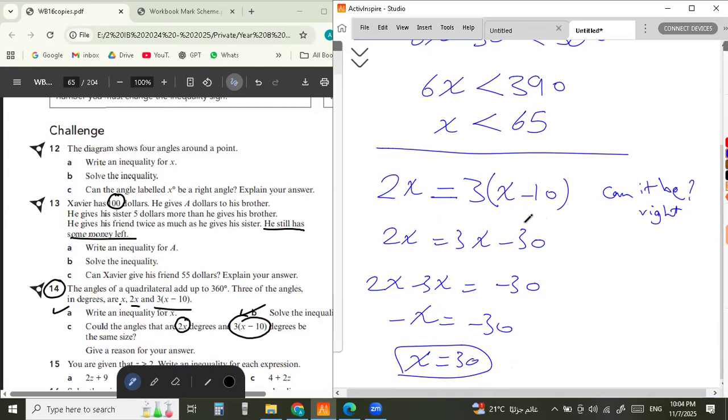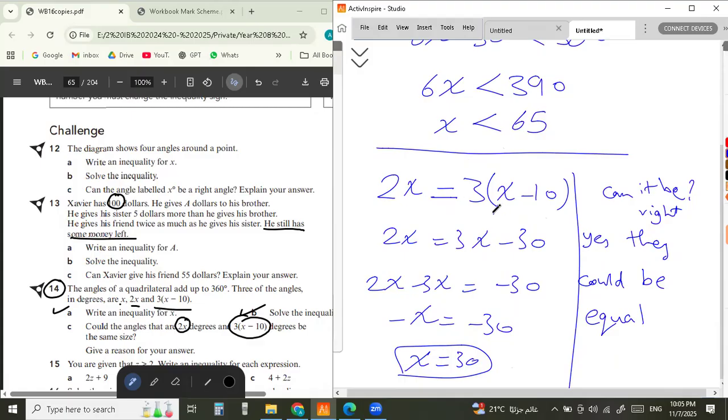Can they be equal? Mister, x must be less than 65. You found that x here is 30 when they were equal. So yes, they could be equal. Why?